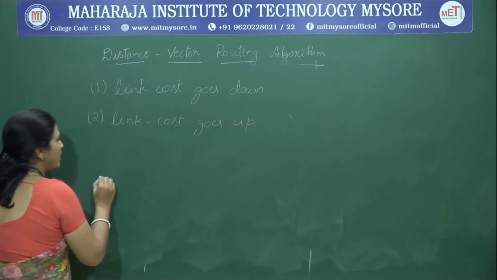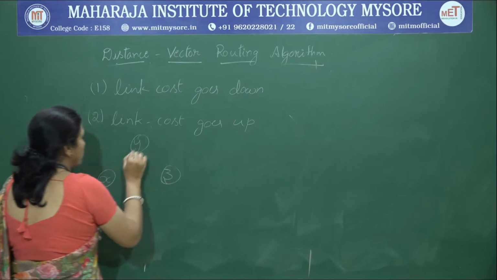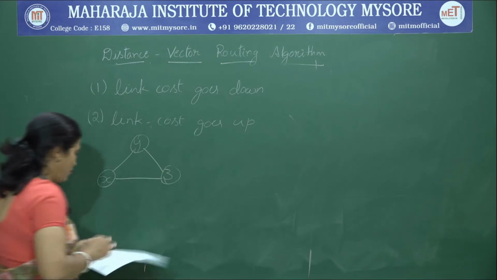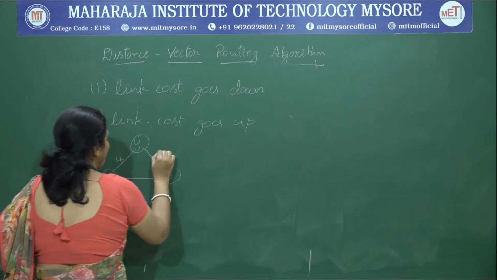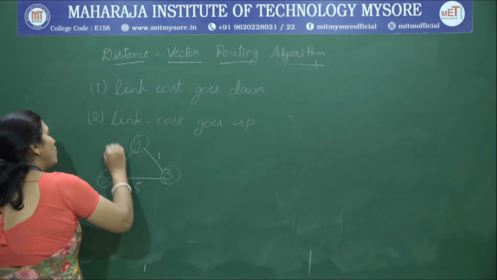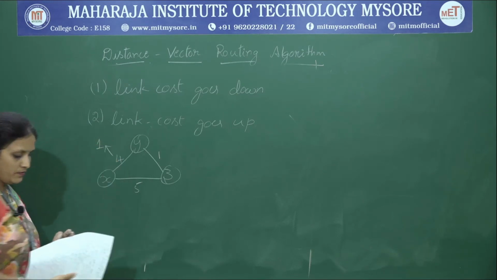Taking the same example of 3 nodes, here we have 3 nodes x, y and z with the values 4, 1, 5. Here if the value of 4 goes down to 1, what will happen?